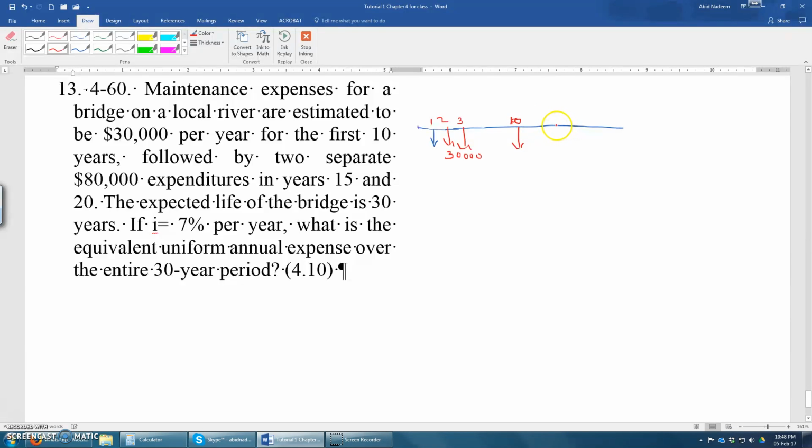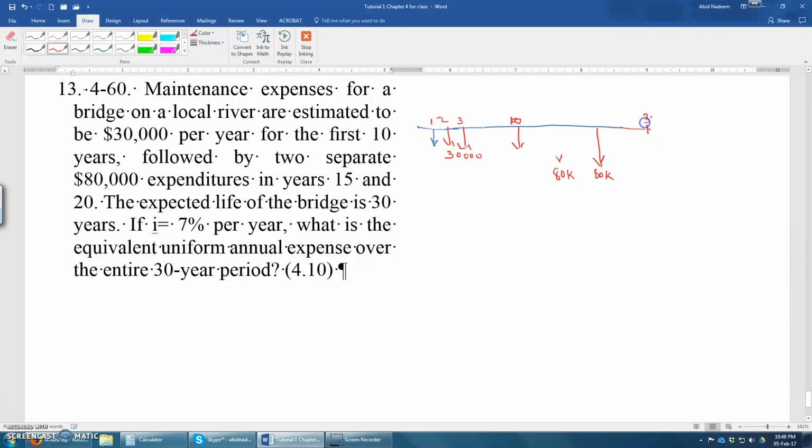And then in the 15th year there is an expense of $80,000, and in the 20th year there is an expense of $80,000. I can put it as 80k. The useful life of the bridge is 30 years.